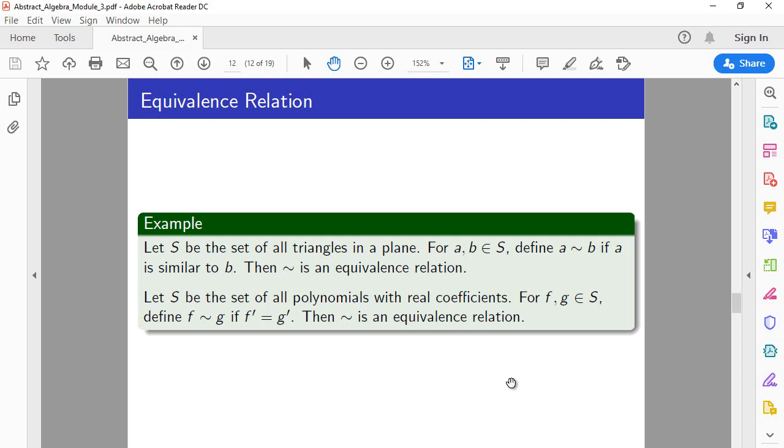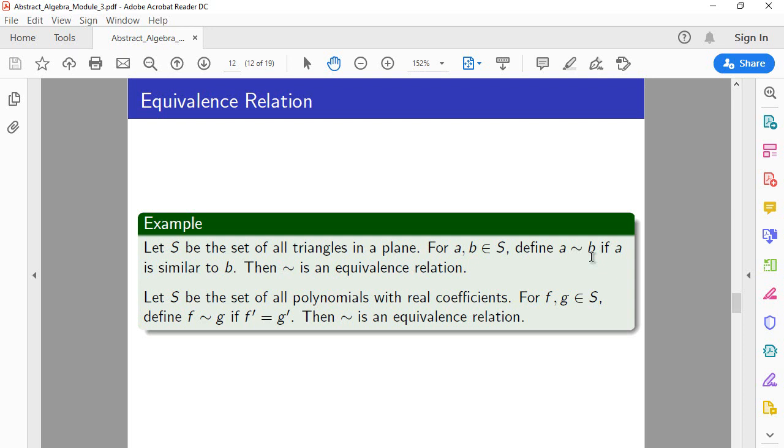Here is another example. There are two examples here, in fact. In the first example, we have the set of all triangles in the plane, and we define that if A and B are triangles, then A is related to B, A tilde B, if A and B are similar. Remember, similar means that they have equal angles. Then this is an equivalence relation, because clearly a triangle is always similar to itself, since they have the same angles.